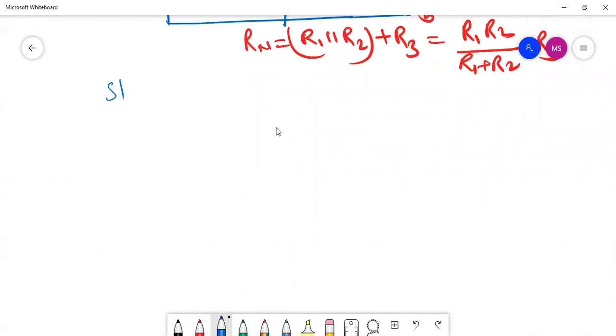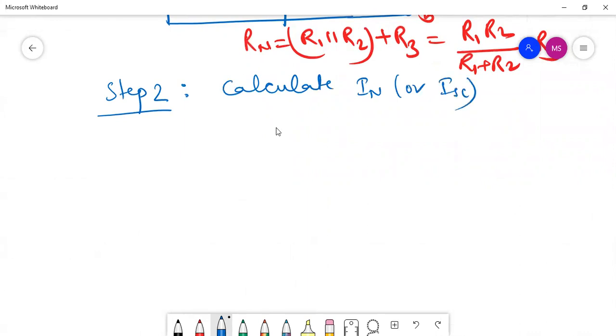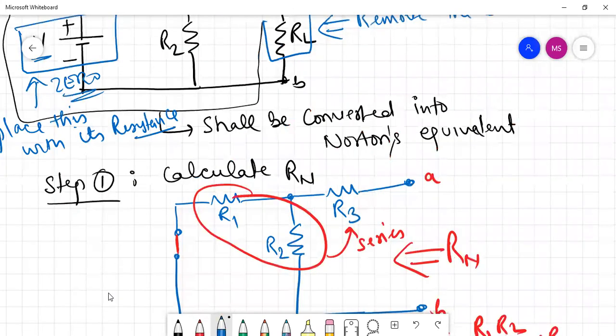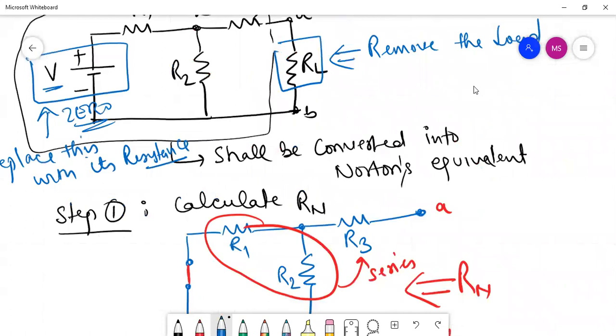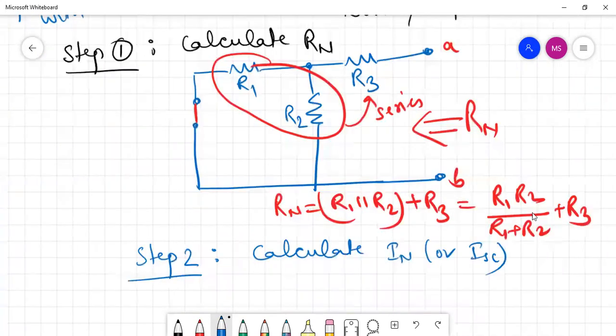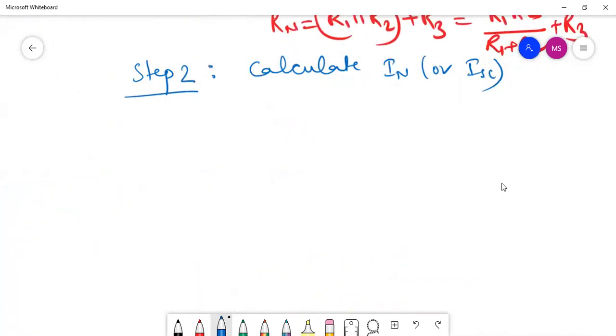So step 2 is calculate IN or ISC. Now to calculate IN or ISC, what we do, we simply replace the load resistance with a short path, right? Rest of the things are not altered, they are not changed.